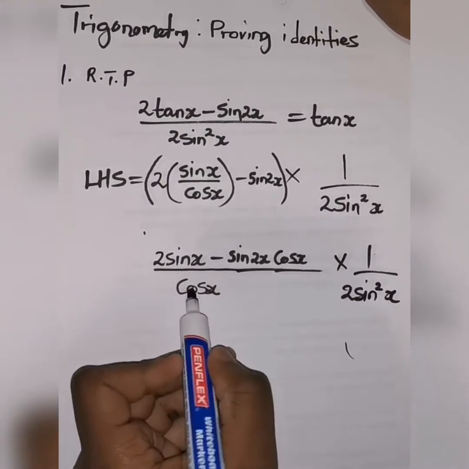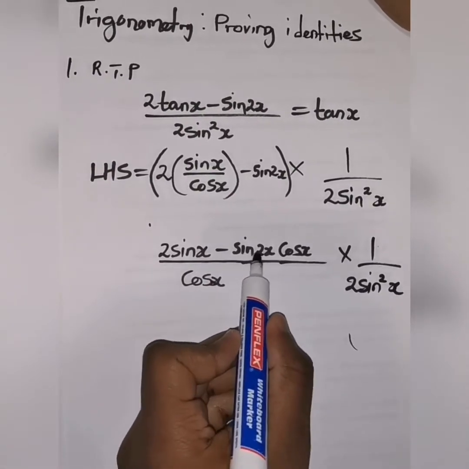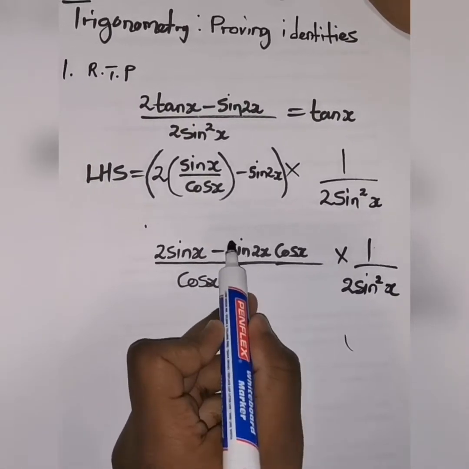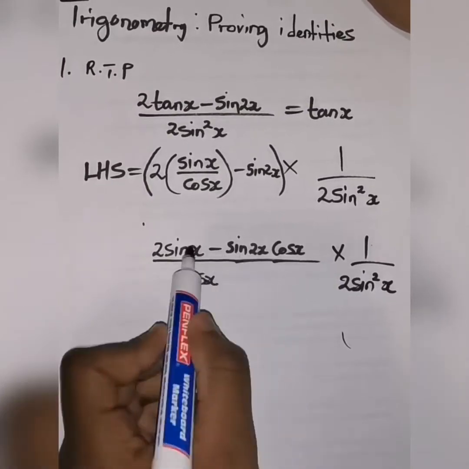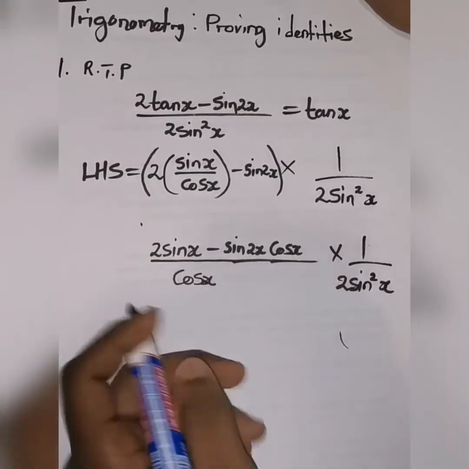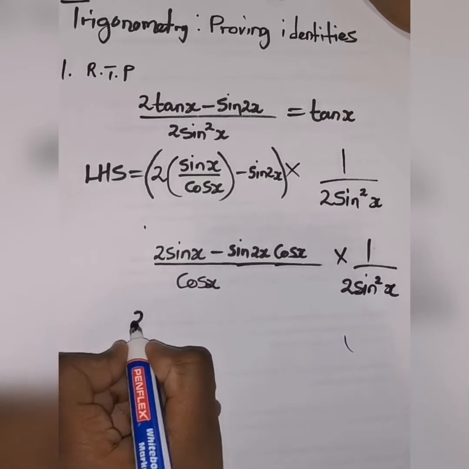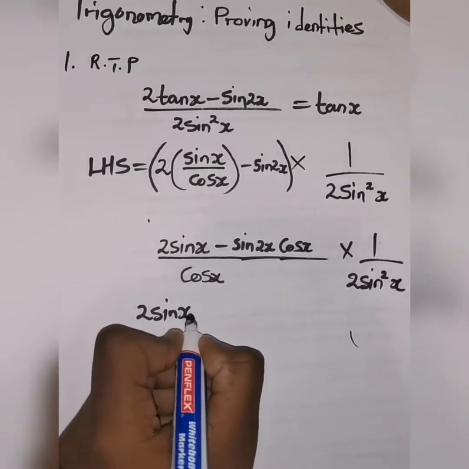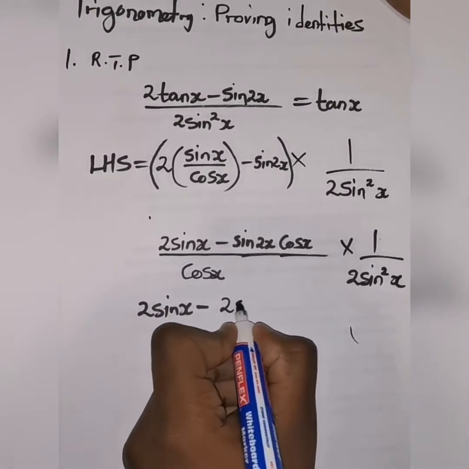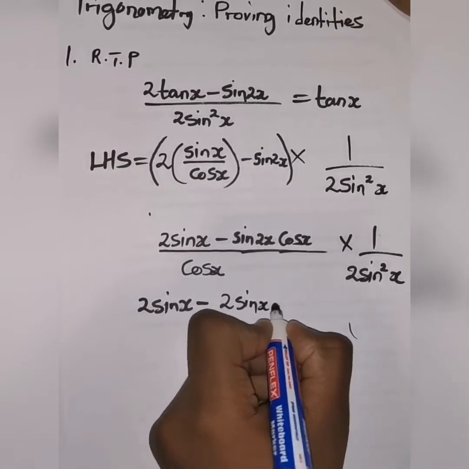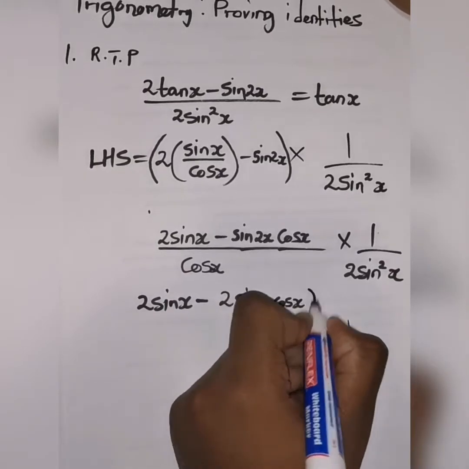Now if you look closely, sine 2x is an identity, so we can change this and see how this can be related. So it's going to be 2 sine x minus 2 sine x cos x.